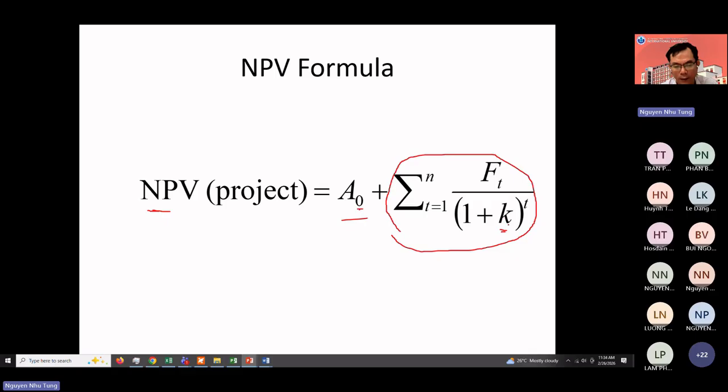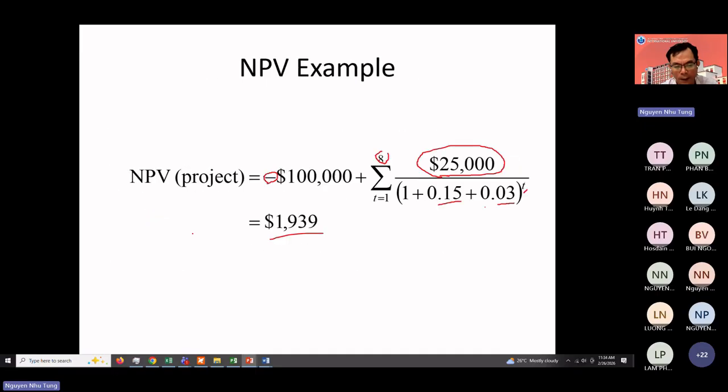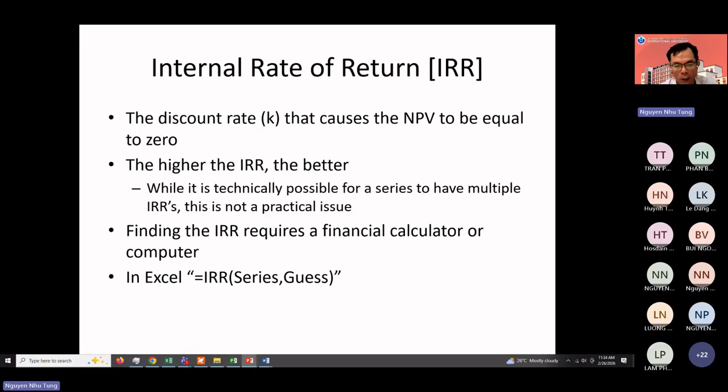In that case, K is the IRR when the NPV is set to 0. So the discount rate K causes the NPV to be equal to 0, and then you can work out how much is the K, how much is IRR.